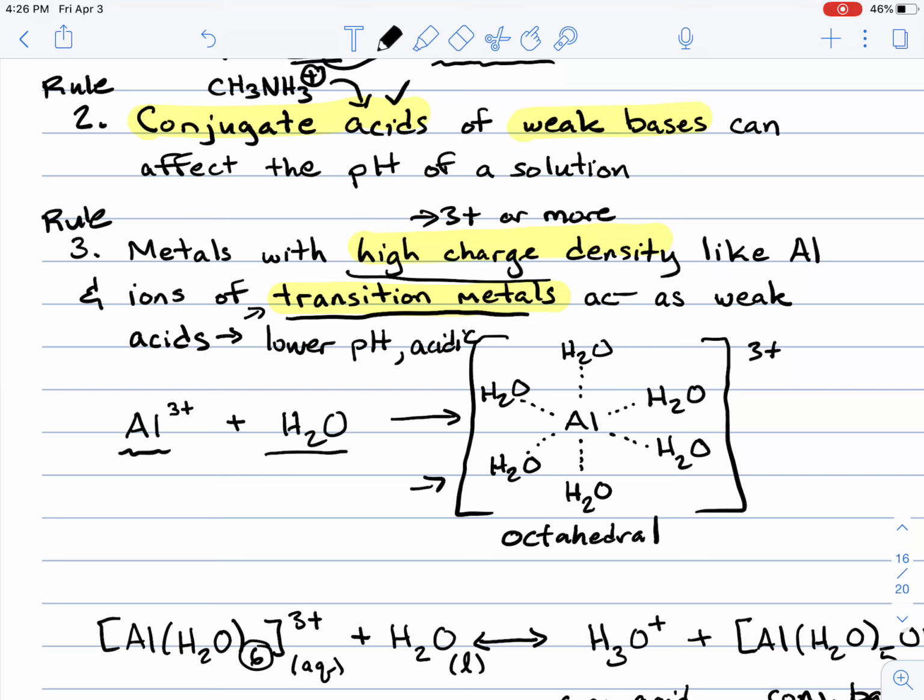The next thing that we're going to do is determine if its conjugate is a weak base. The conjugate base of this conjugate acid, CH3NH3+, is going to be CH3NH2. Remember, as you go from an acid to a base, you lose one proton, and if you lose one proton, then the charge goes down by 1. So instead of +1, now it's 0.